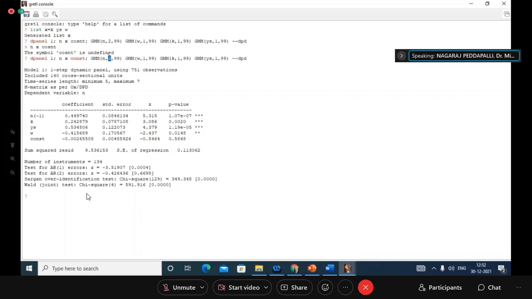N means this year. We are saying in the dynamic panel, this year of N depends on last year of N, and then your independent variables. We are not saying that last year of Y is last year of W. If you say last year of Y is last year of W, then your instrumental variable has to start from second, not first. Dr. Salu, I hope you have understood. Or should I repeat it again?